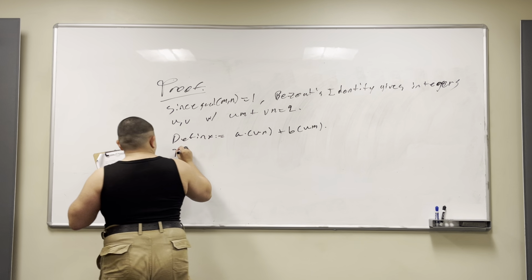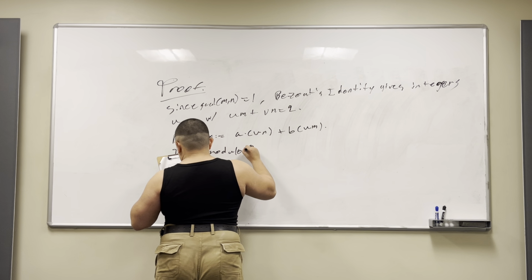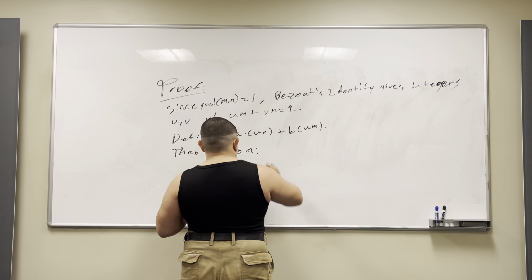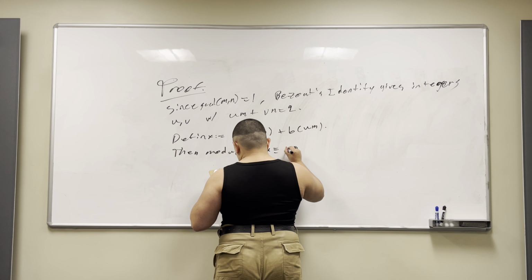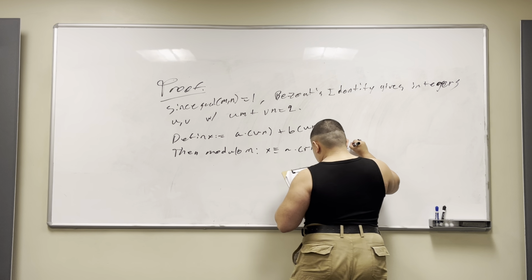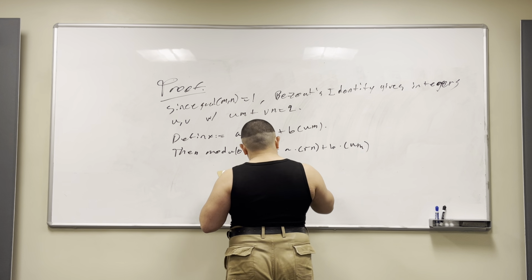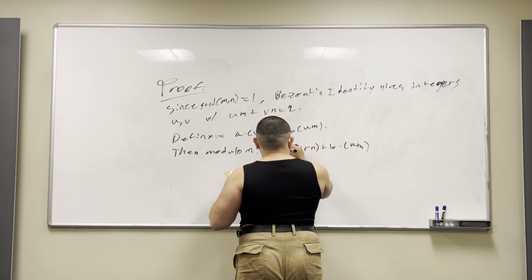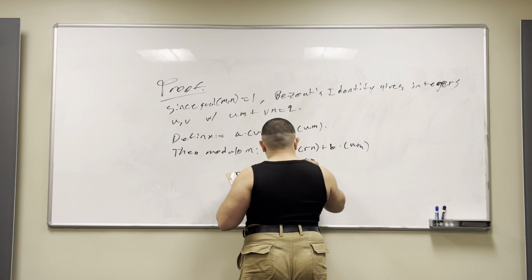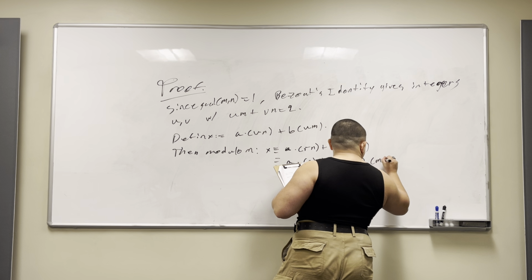Then, modulo m, x is equal to a times vn plus b times um, equal to a times vn plus b times 0 mod m.